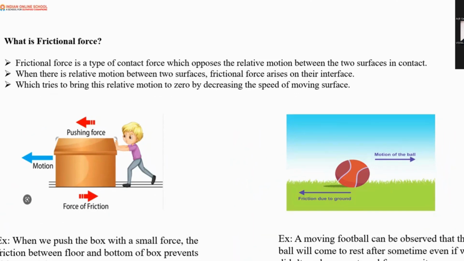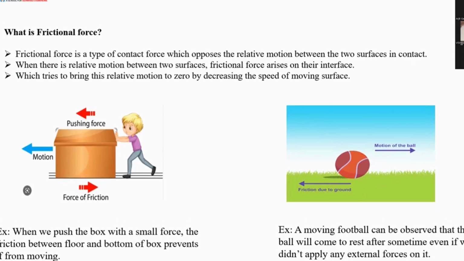The third: does it act between one surface or two surfaces? It acts between two surfaces. Fourth: does frictional force support the movement of an object or resist it? It resists the movement of the object. Got it? Is there any problem here?